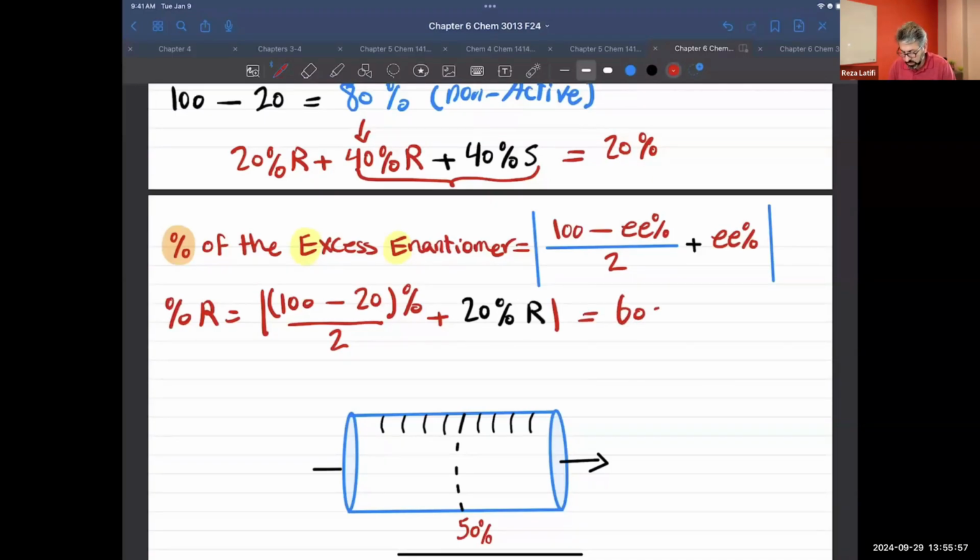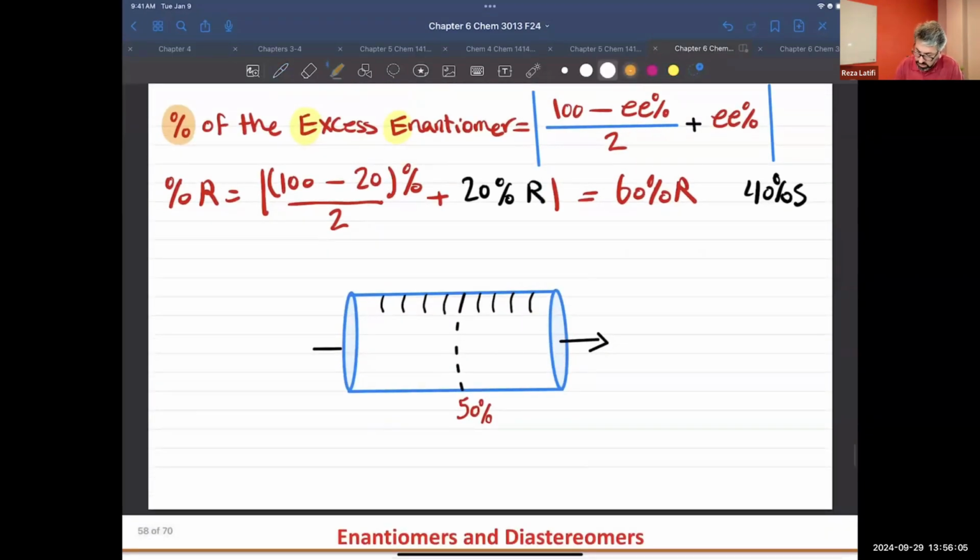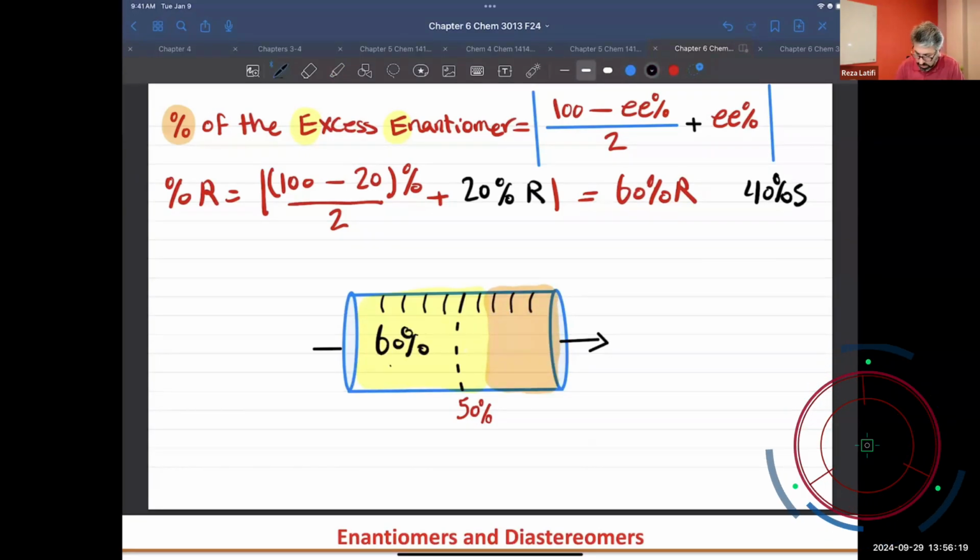I have 60% from R and 40% from S. So 60% R and 40% from S.